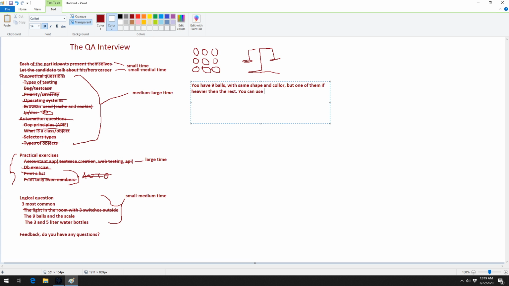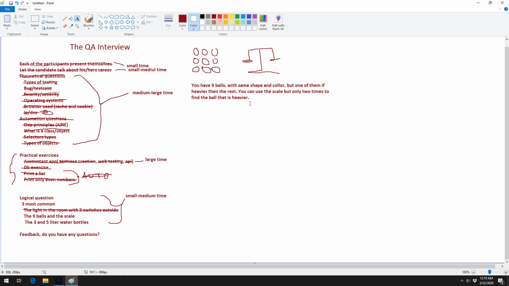You can use the scale, but only 2 times to find the ball that is heavier. Okay, this is the spec. Just think about it. How would you solve this?